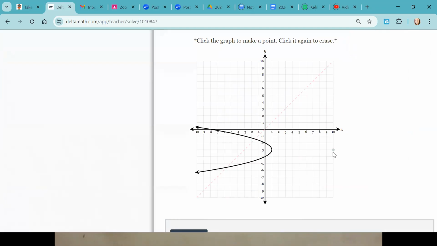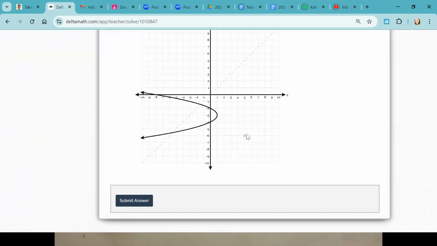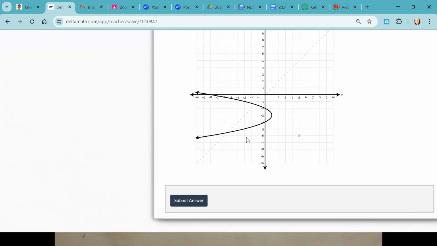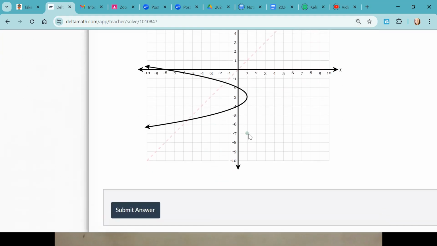Let me try to line this back up. Okay, well, I can't line it back up. Now it looks ugly. But I'll just click it. How about that?